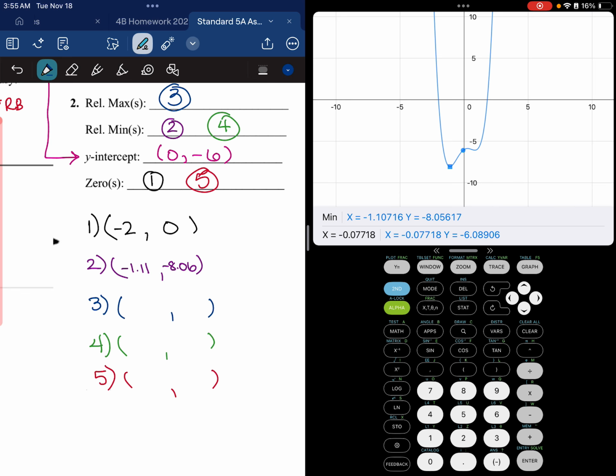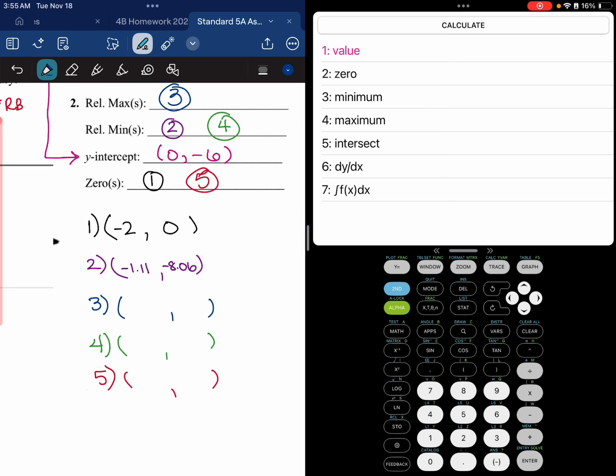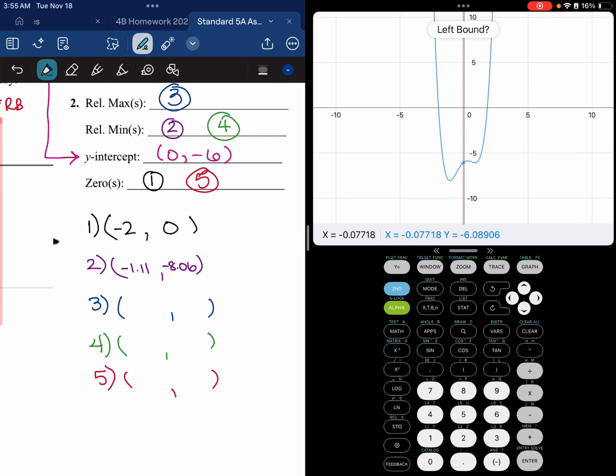Next I'm going to calculate my max. I go second, trace, and choose max. Your point should start around your min. When you do that, first left bound pops up, hit enter, go through your max to the next min.